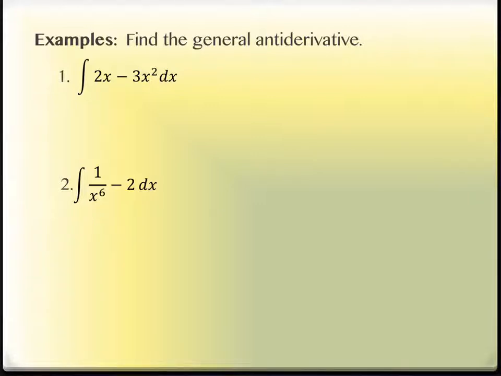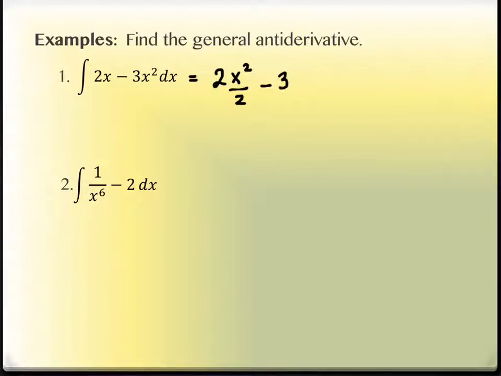I've got a 2x. So in reality, the 2 should stay. What happens to x? We increase the power. It's currently a power of 1, so I'm going to increase the power to 2. And then what do I have to do? Divide by the new power. Now that's going to simplify with the 2 in front in a second anyway, but that's what happens. How about that 3x squared?